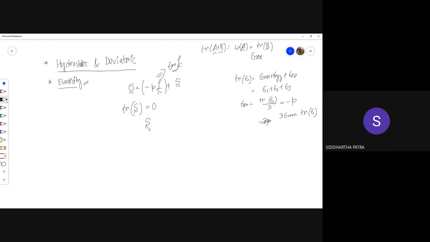The deviatoric stress tensor is simply sigma minus sigma m times I, which means the shear components such as this are the same as in the stress tensor.